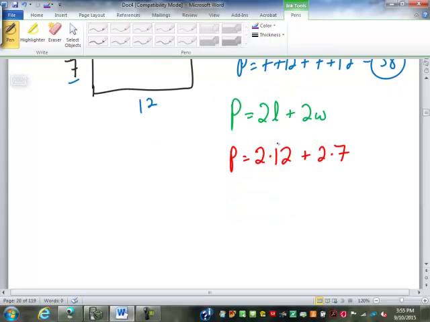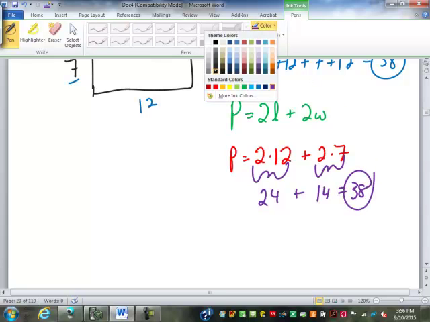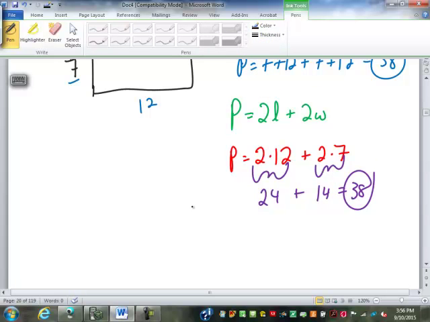And now 2 times 12 is 24. 2 times 7 is 14. We add those to get 38. Perimeter is 38.